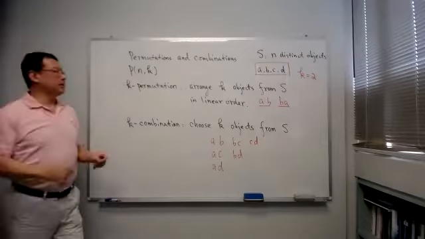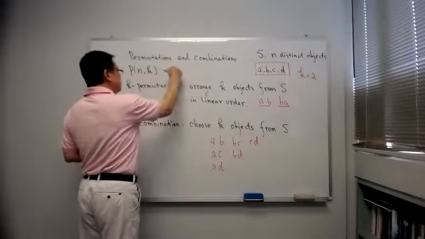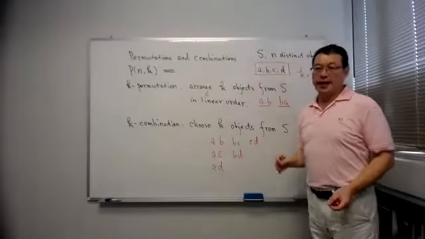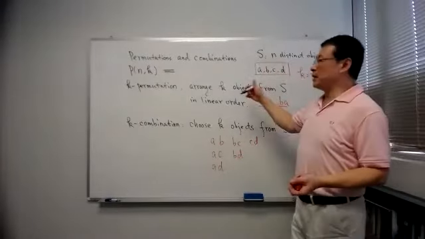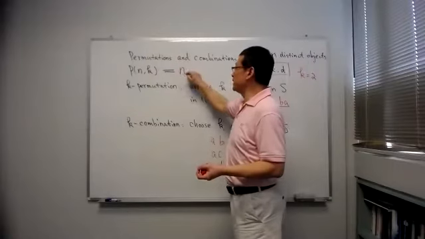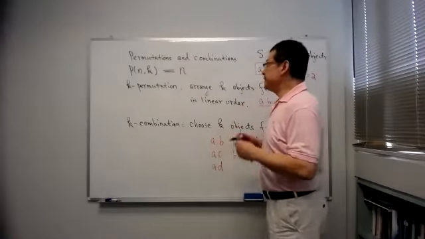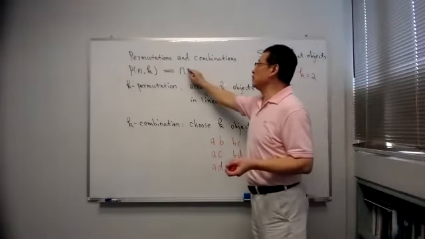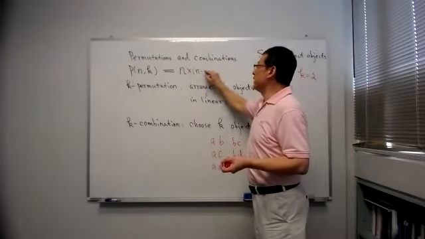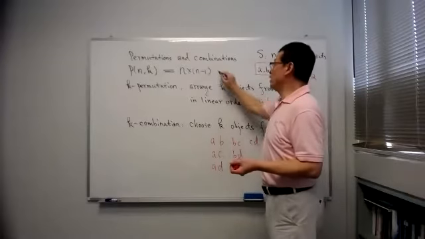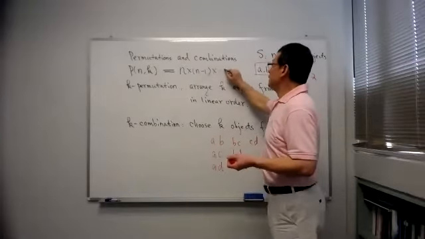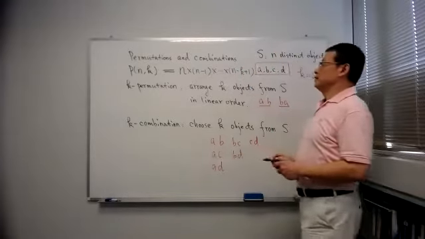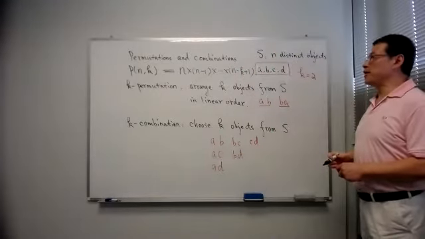How many different ways to put an element from S as the first element? There are n elements, so the first one has n possibilities. Then for the next one, the supply is reduced by 1, so the next one will be n minus 1, and so on up to n minus k plus 1. So that's the number of k-permutations.